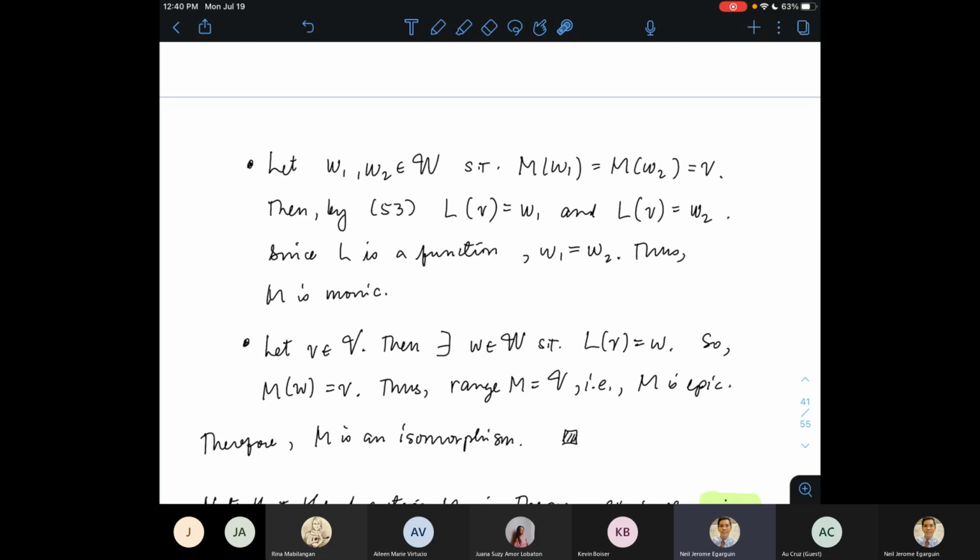Yeah, but probably it's better to say range of L instead of W. If W1 and W2 are elements of the range of L, sorry, not range of L, but range of M, because we are showing that M is monic, right? So I'll take two elements of the range of M, not range of M, right? Range of M.